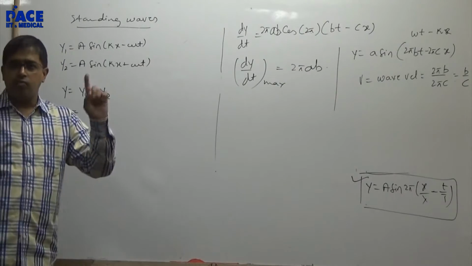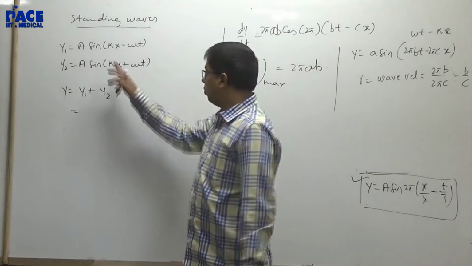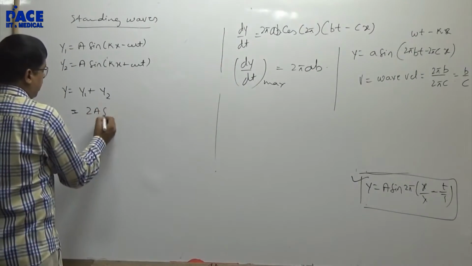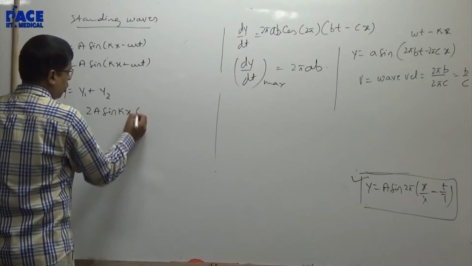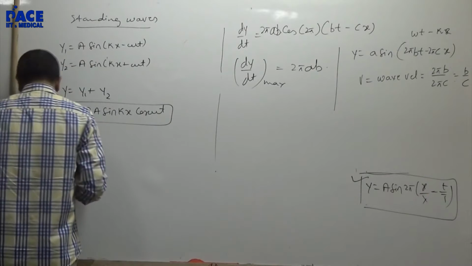Standing waves form when two waves are moving in opposite directions. Both the waves moving in opposite directions, this will become 2a sin kx cos omega t. This is the general equation of a standing wave.